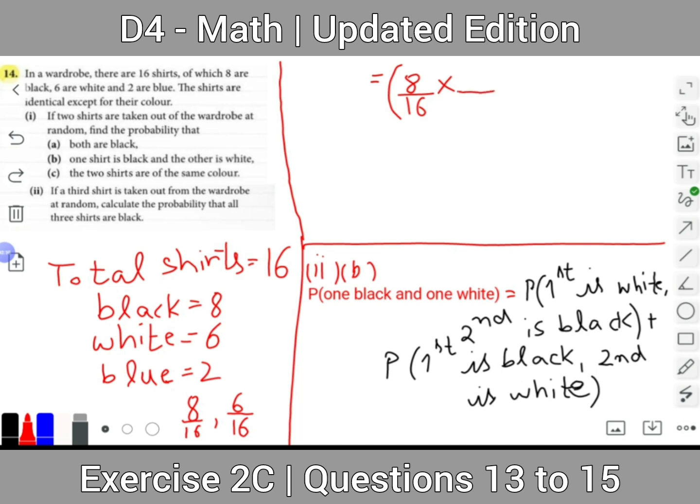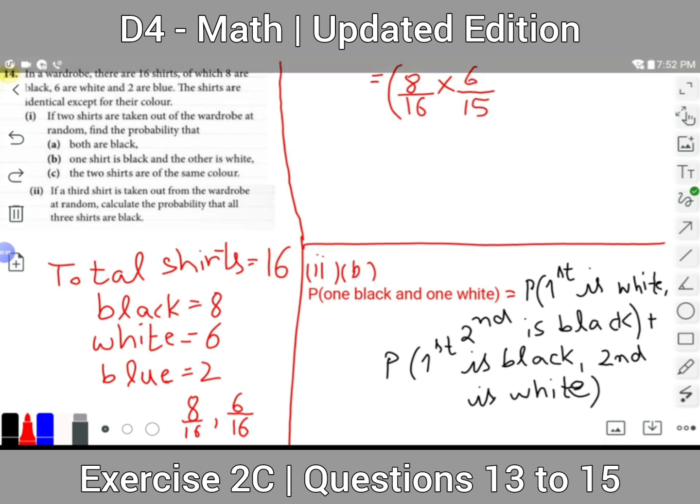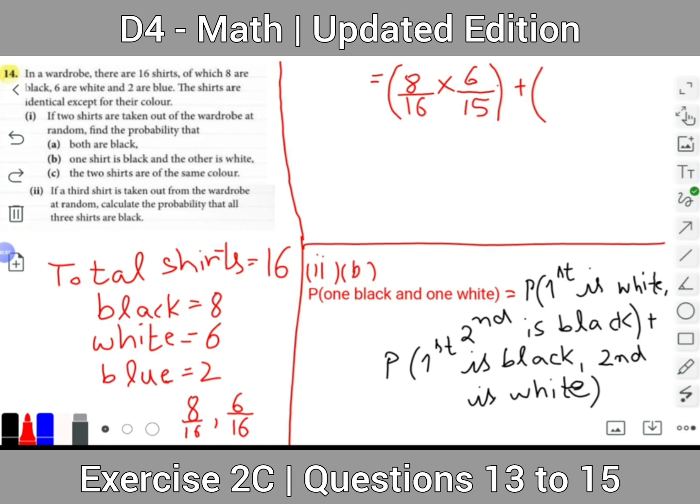Since we have already chosen one black shirt, 15 shirts are left, and since we have to select two shirts, the number of white shirts is 6, so here we will have 6 over 15, plus, now the first shirt is white, so here we have the probability 6 over 16 multiplied by, since we have already chosen one shirt, 15 shirts are left, and from black we have 8 over 15.